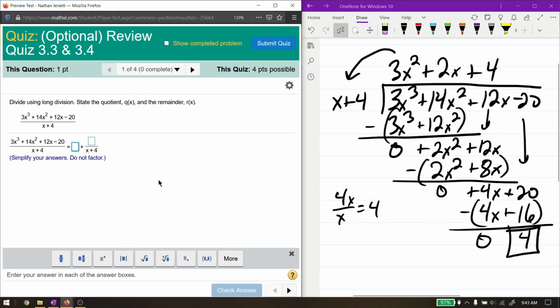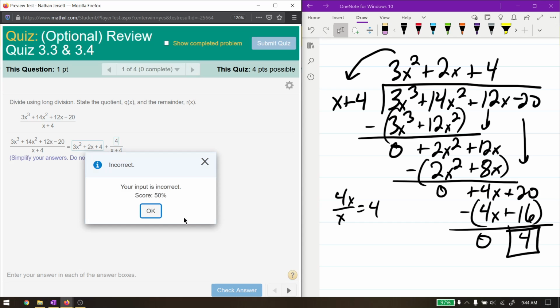So our answer is going to be the quotient, 3x to the power of 2 plus 2x plus 4. And we have an additional remainder of 4 divided by the same denominator as the original division. So it's going to be this thing here, the x plus 4, which you see here in the denominator, x plus 4. This should be our answer.